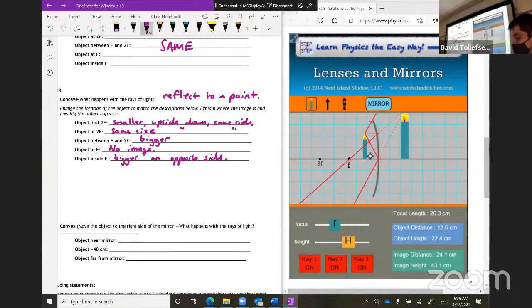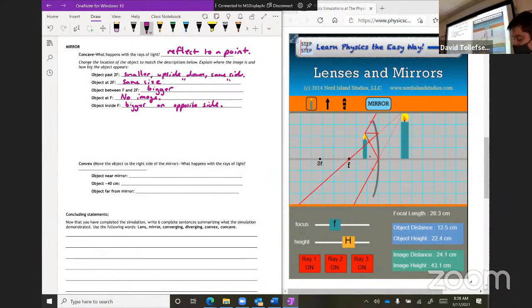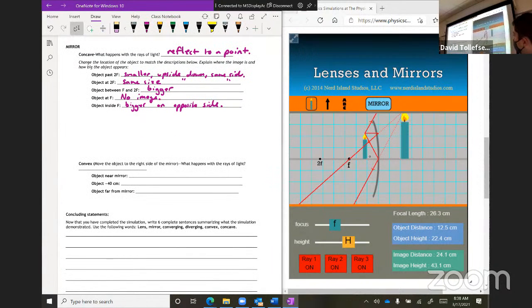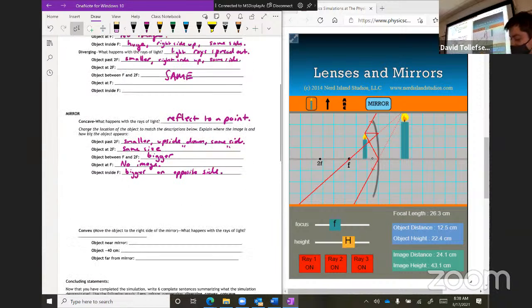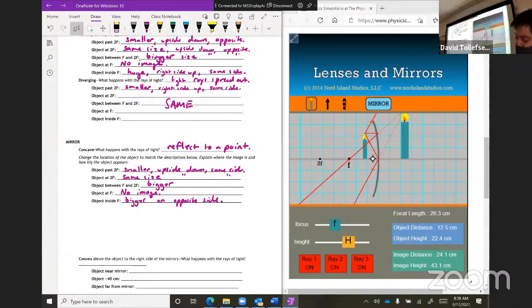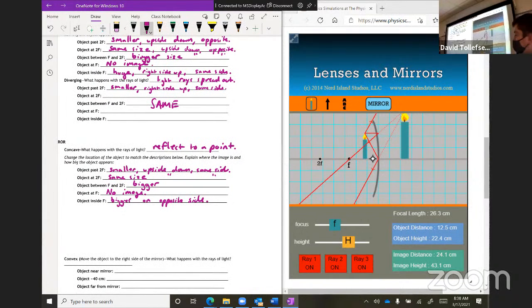It's bigger on the opposite side. They're all smaller, right side up, and same side.